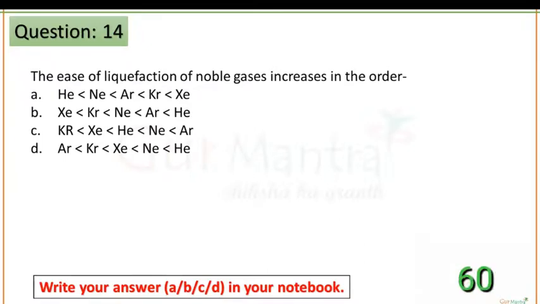The ease of liquefaction of noble gases increases in the order.